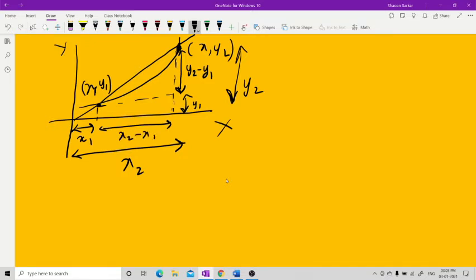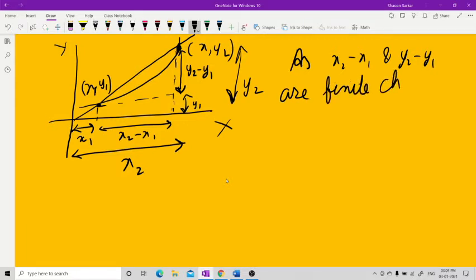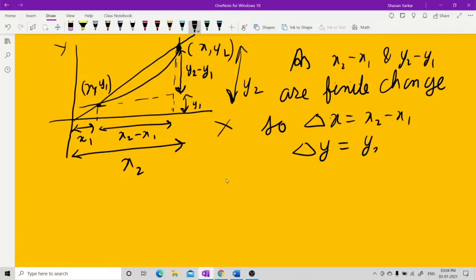Now these are finite changes. So we can write del x as x2 minus x1 and del y as y2 minus y1. Now come to the point. This angle is theta, tan theta. Let me draw the line this way now.